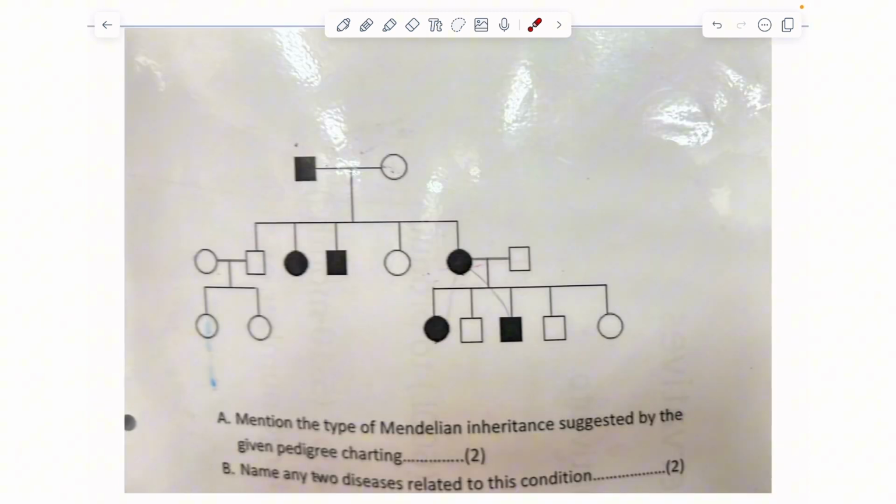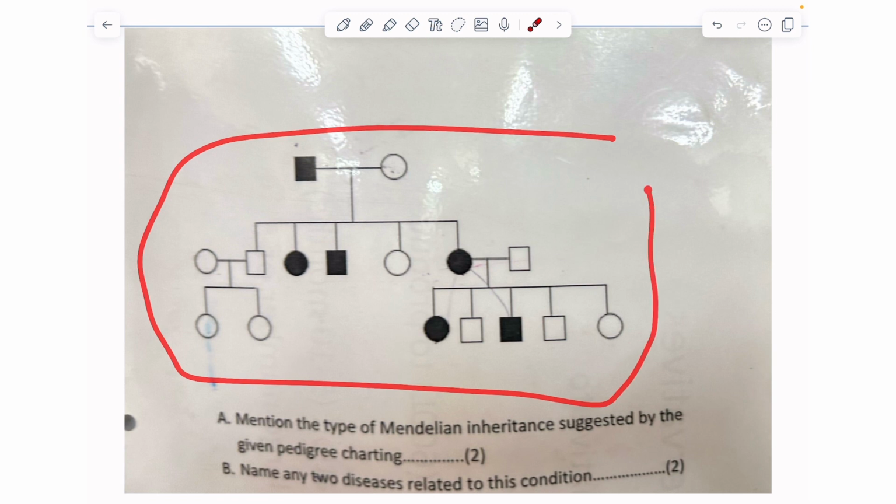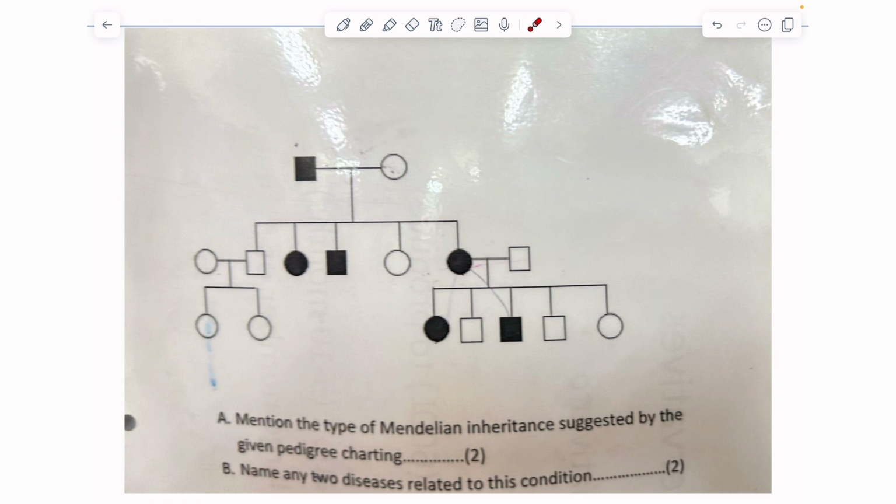Okay, let's look at an example of a pedigree. So you have been given this pedigree. Your job is to identify which mode of inheritance is shown here. Now here's a simple trick I want you to follow. Earlier, I said that you had something called carriers, and carriers are possible only in a recessive trait. Why?